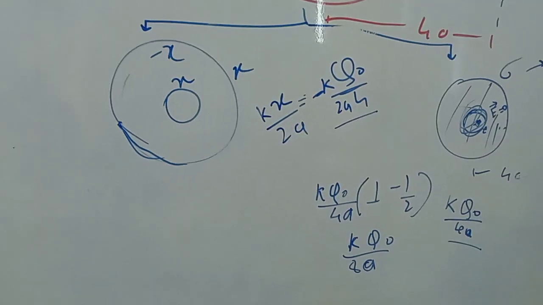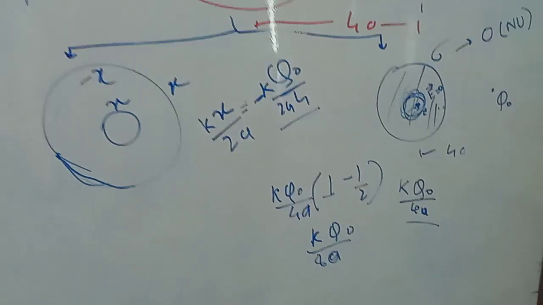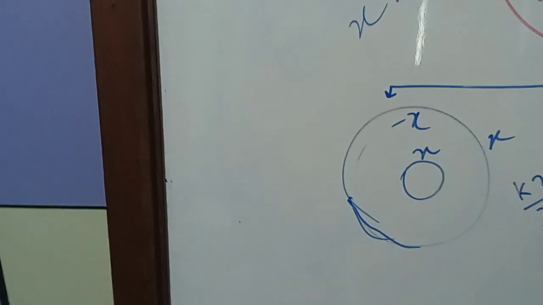And then another question was to find the potential at point P, and point P is at a distance r from the center. That's pretty weird. Let's just find it out. I'm just going to erase this system.